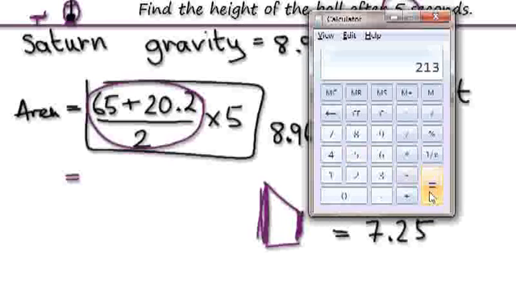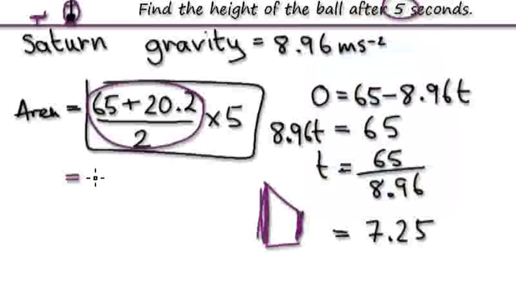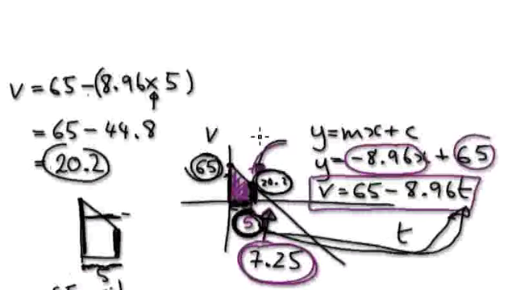Times 5 equals 213. So what that means is this area here is 213 meters.